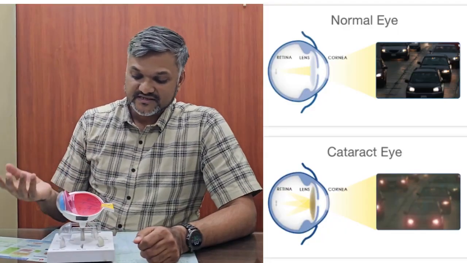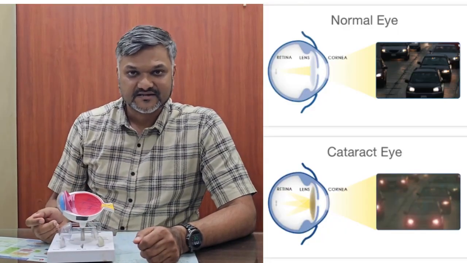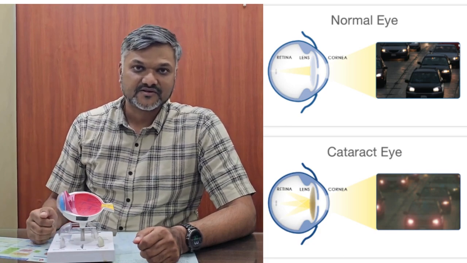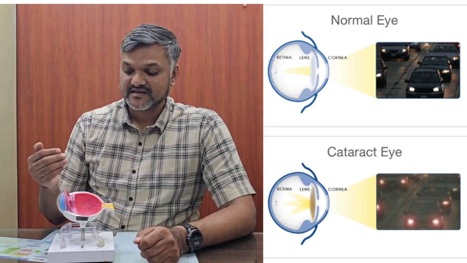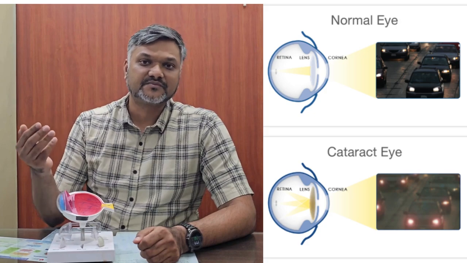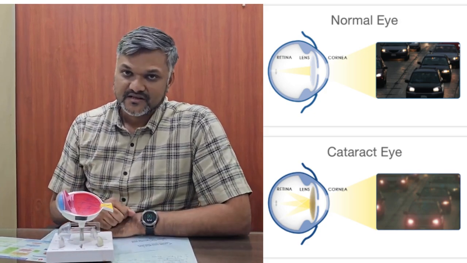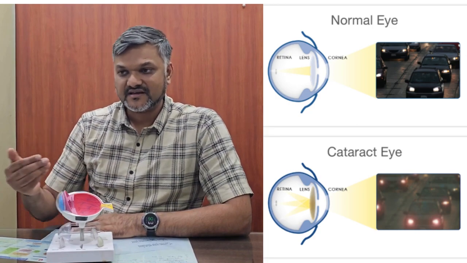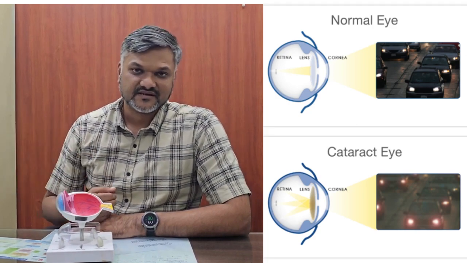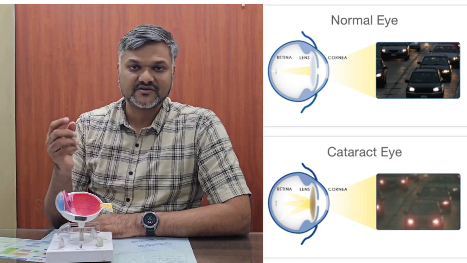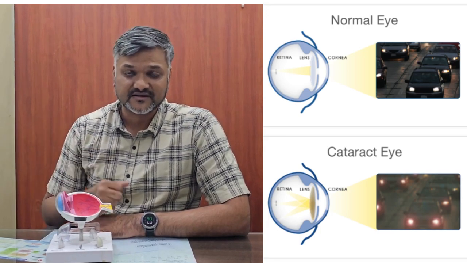Initially, if it is an early stage of cataract, when you have a checkup with your doctor, the vision can sometimes be improved with glasses. If it's an early stage, we ask them to just have a visit after 3 months or 6 months based on the grading or staging and the type of cataract.